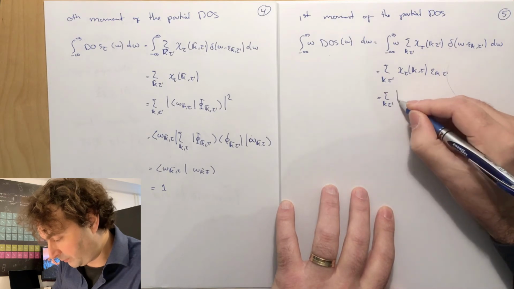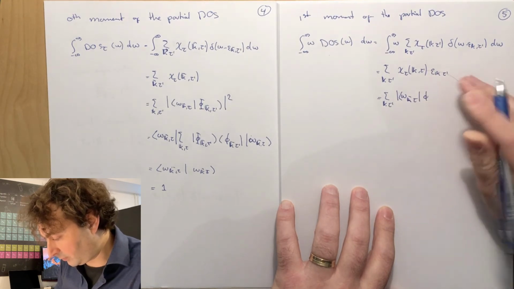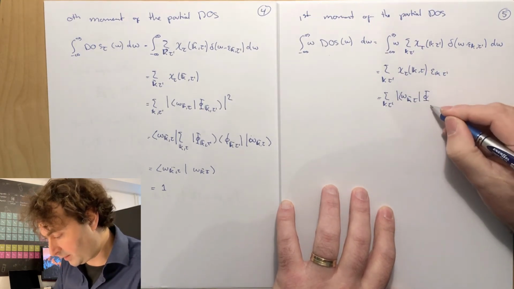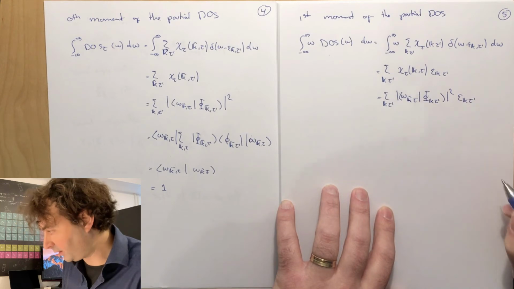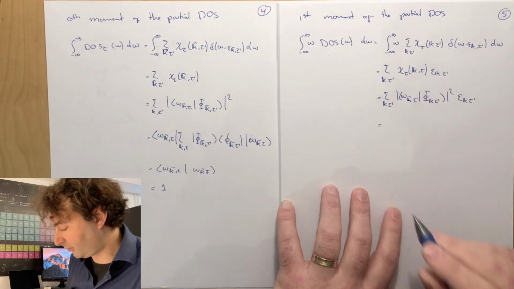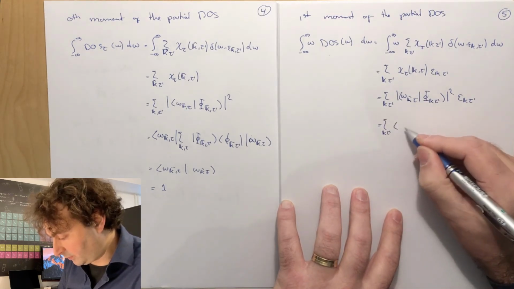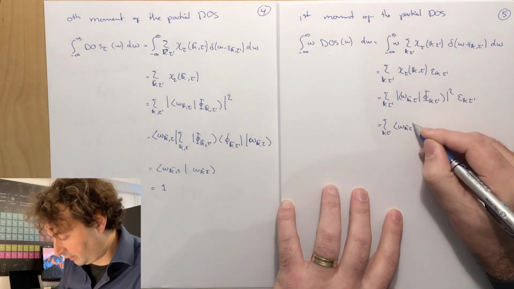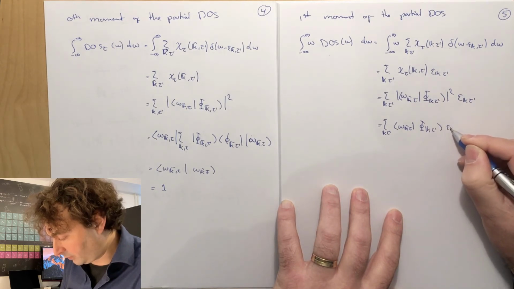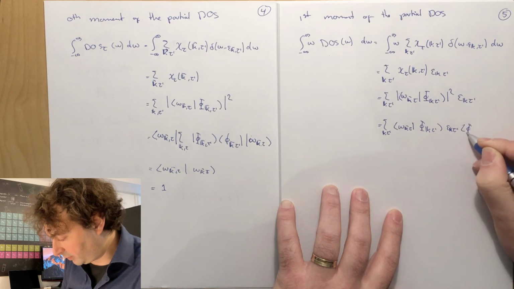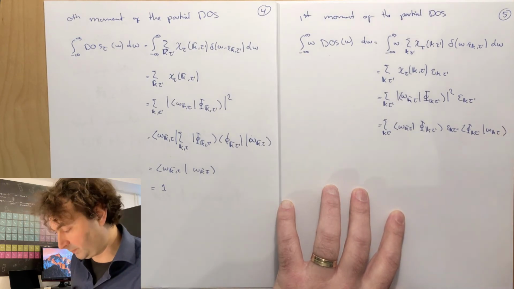K tau prime omega, k tau, and then the eigenstate k tau prime times the eigenstate energy, which we can write out as that square: k tau, the eigenfunction tau prime, epsilon k tau prime, the eigenfunction k tau prime, omega k tau.